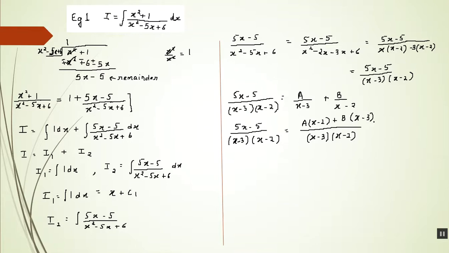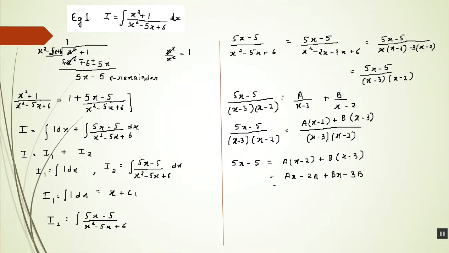Now since the denominators are the same, we can equate the numerators. Therefore, 5x minus 5 is equal to a into (x minus 2) plus b into (x minus 3). Therefore, this will be equal to ax minus 2a plus bx minus 3b.